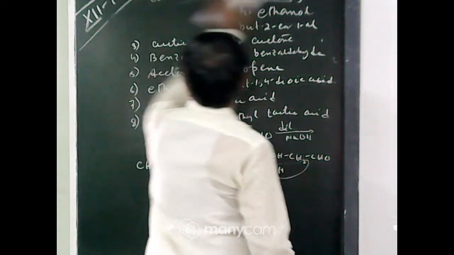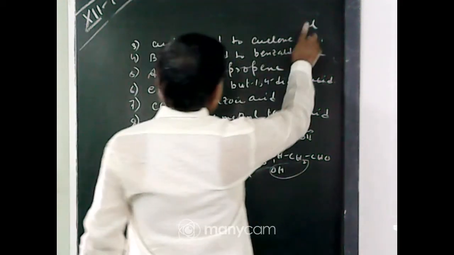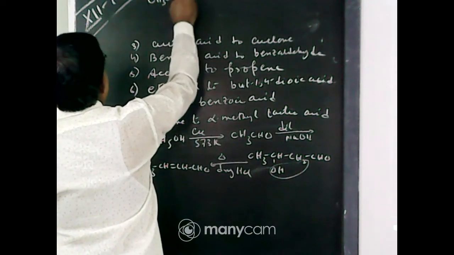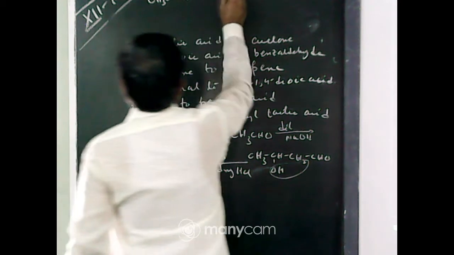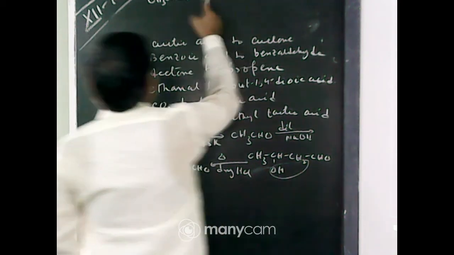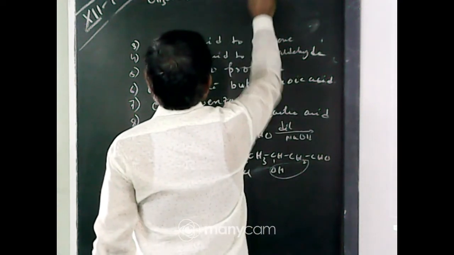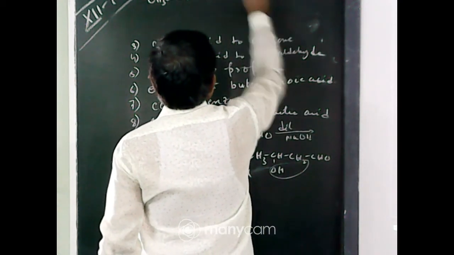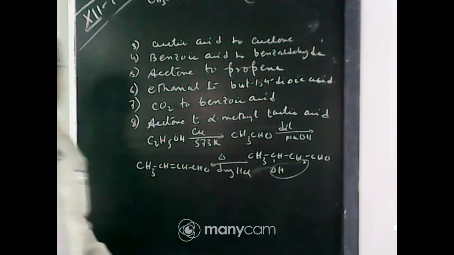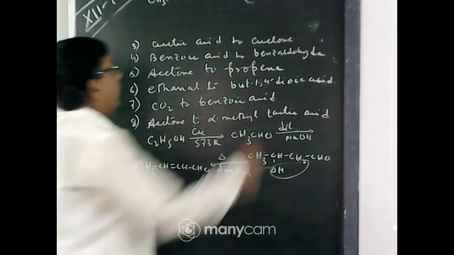Now next, question number 3. Acetic acid to acetone. What is the formula of acetic acid? CH3COOH. React with calcium hydroxide. It is the acid, it is the base, so they react together to form salt, (CH3COO)2Ca, calcium acetate.